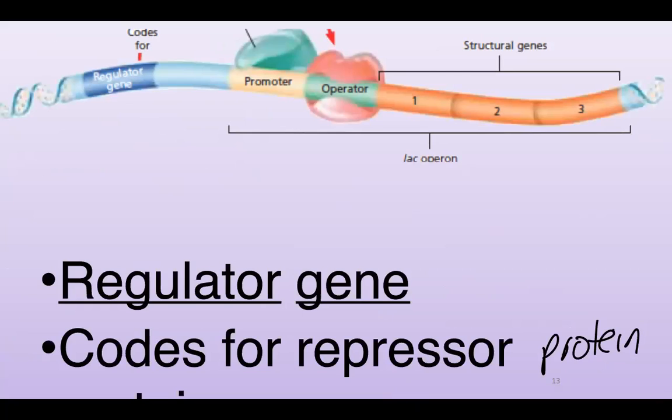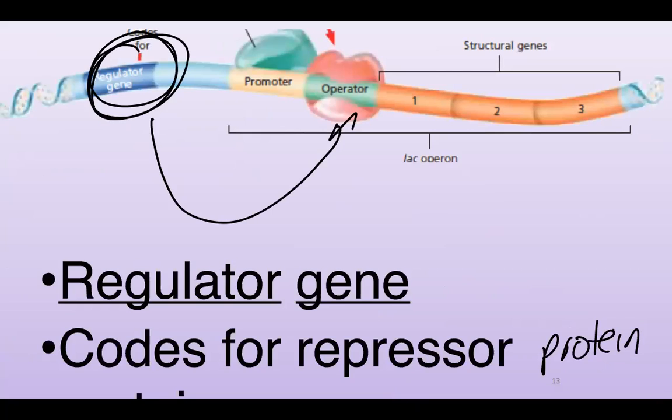The regulator gene over here codes for what's called the repressor protein. The repressor protein sits on top of the operator, which is the 4th structure. So you can see from the diagram that the regulator gene codes for this red blobby thing. That's the repressor protein.